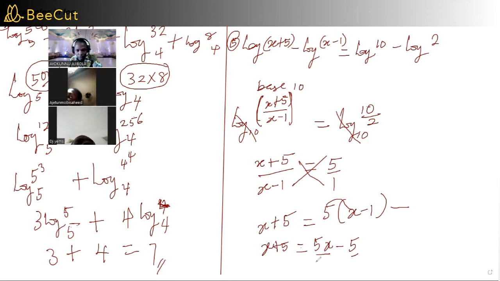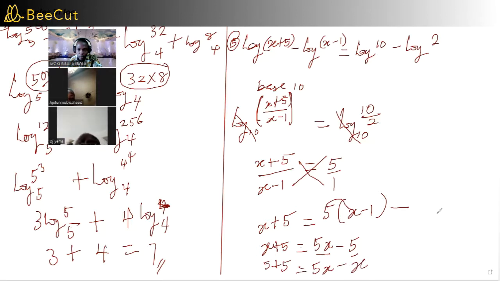Now, the next step is to collect like terms. 5 is here, 5 is here, x is here, x is here. So we are collecting like terms. So I have 5 on this side, then this negative 5 will come over as positive 5, while on the other side I have 5x. Then the x that is here will become negative x.